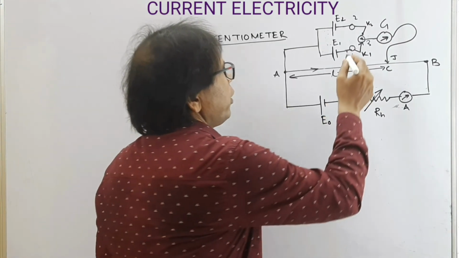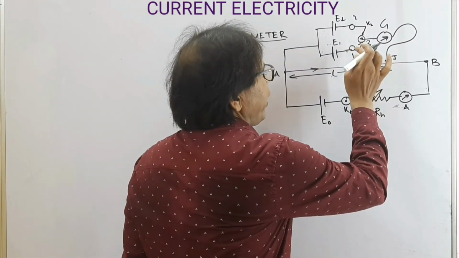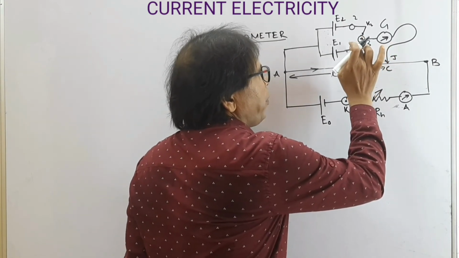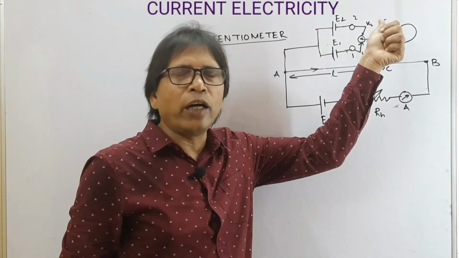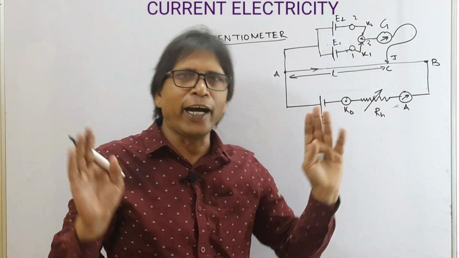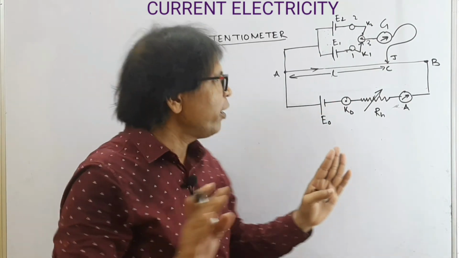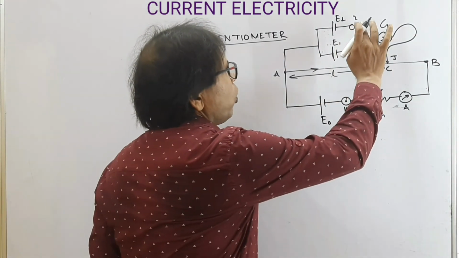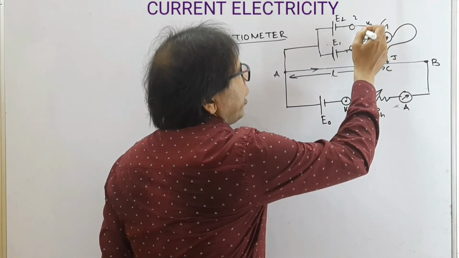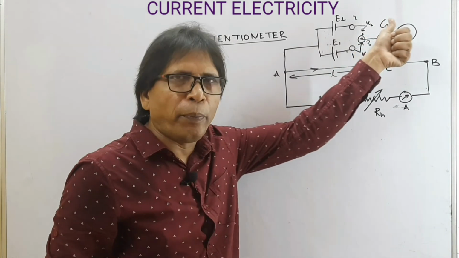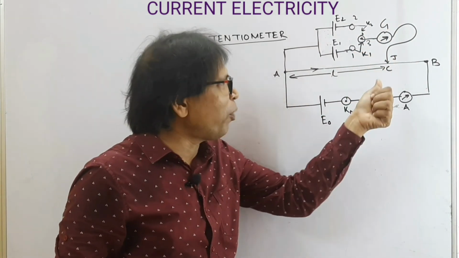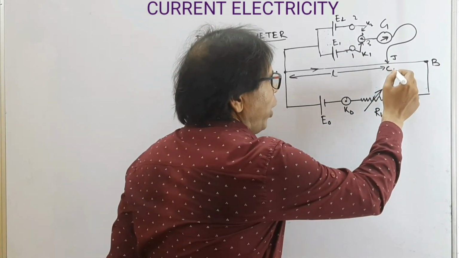Now suppose key K1 is connected, then terminals 1 and 3 are connected. Now when key K2 is closed, terminals 2 and 3 are connected. Now look at this. Suppose the switch K2 is open and K1 is closed. The null point is obtained at C1.